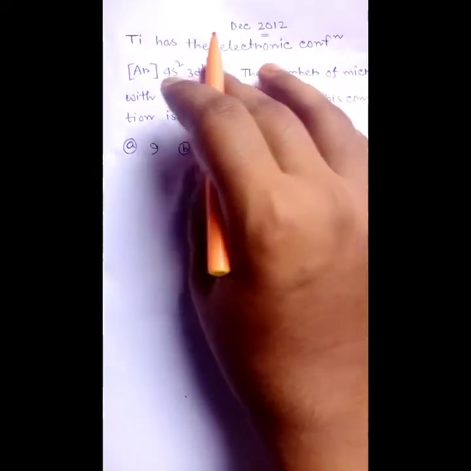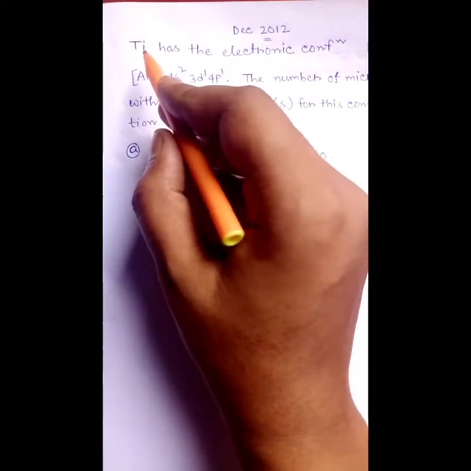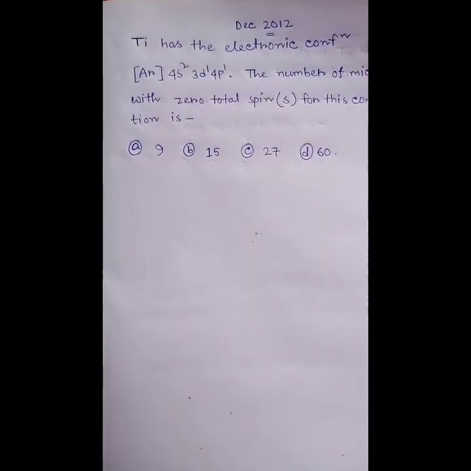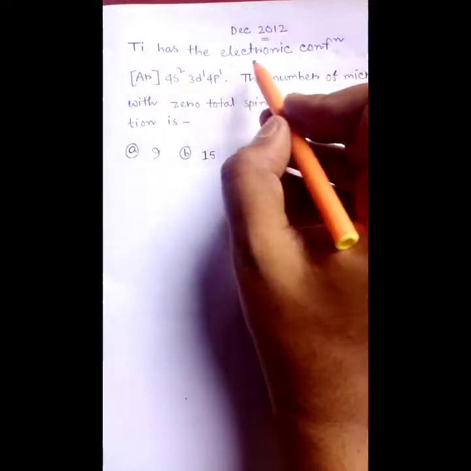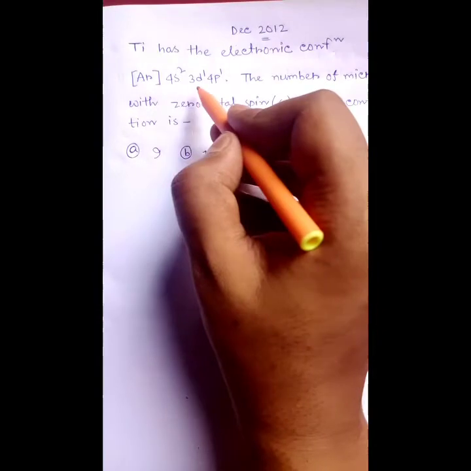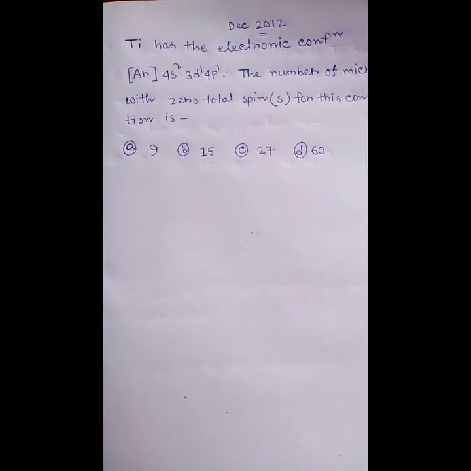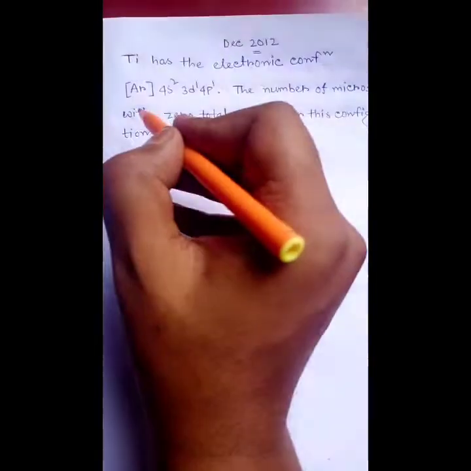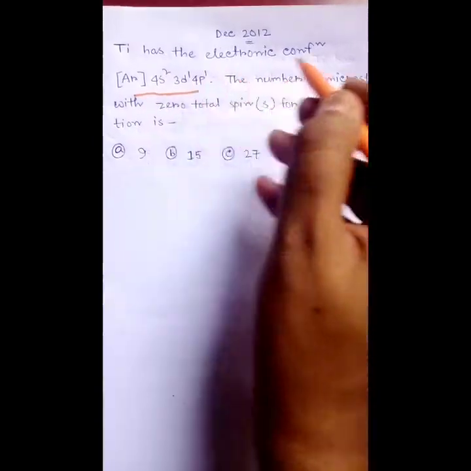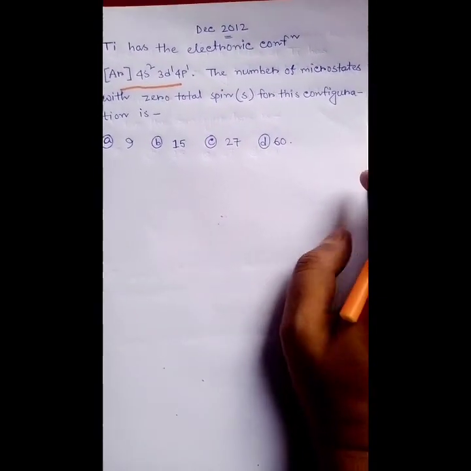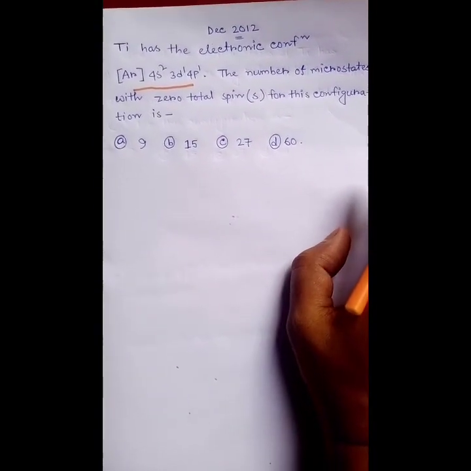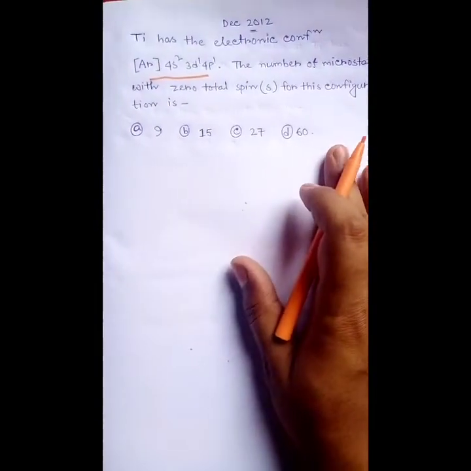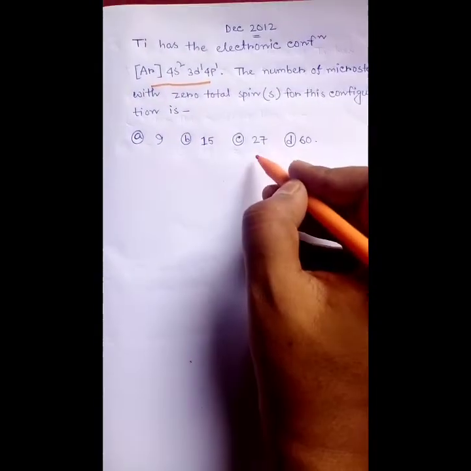But the mentionable part that I have written is that titanium has the electronic configuration Ar 4s2 3d1 4p1. Here you can see the electronic configuration they have mentioned, and the number of microstates with 0 total spin for this configuration is, and they have given 4 options.